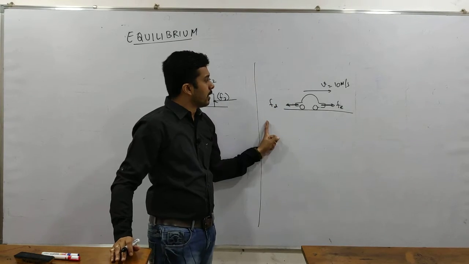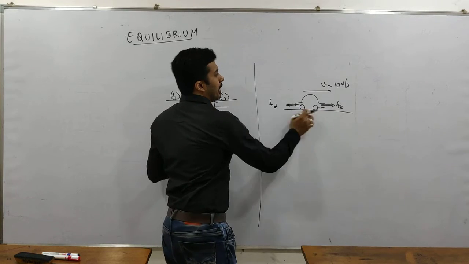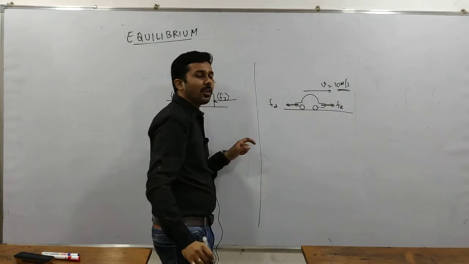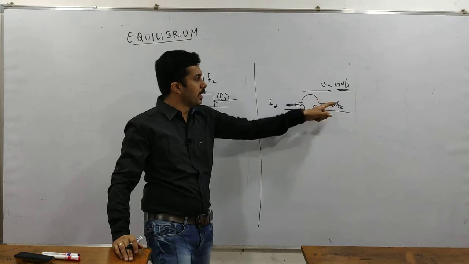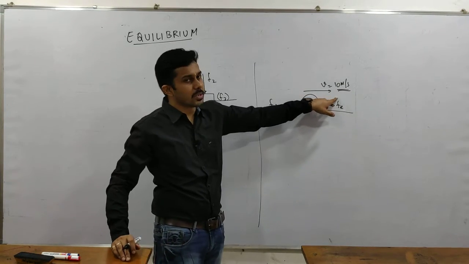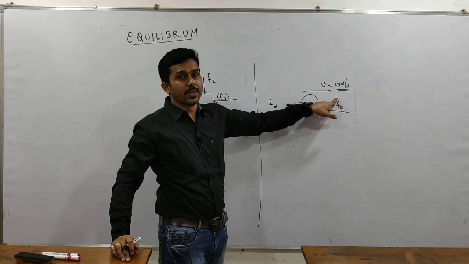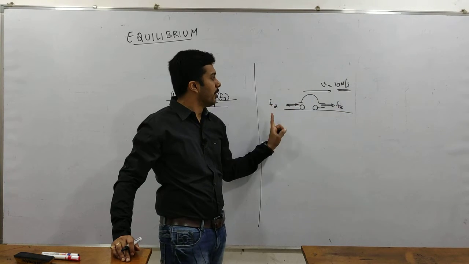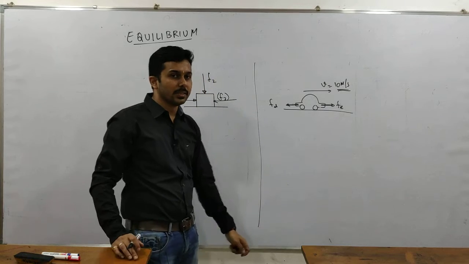Both are such that the velocity is maintained. If the velocity is maintained, then the net force should not be there, because constant velocity means what? Acceleration is zero. The acceleration is zero only when the net force acting on the body is zero.